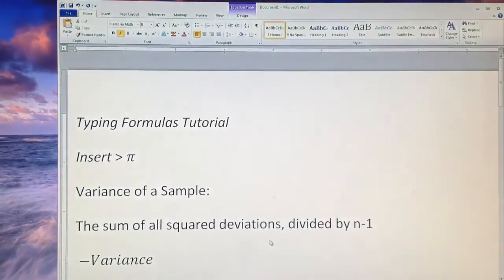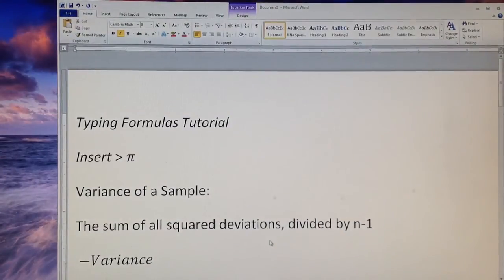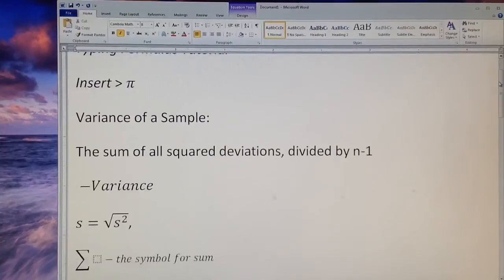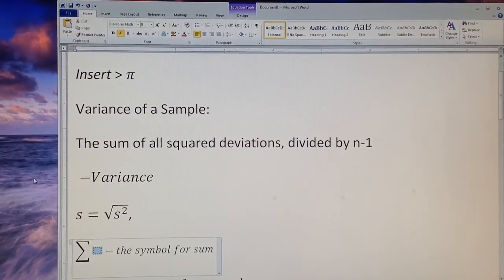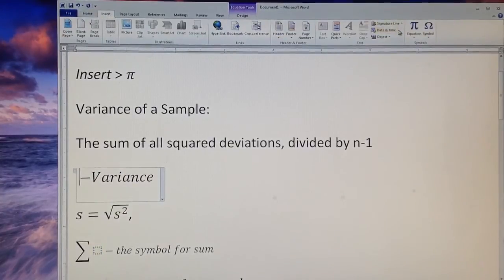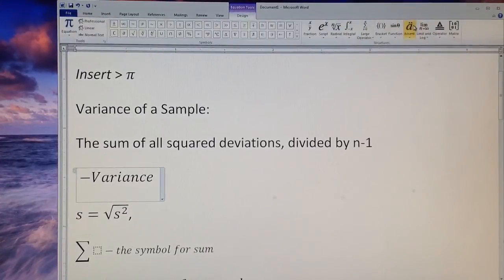So let's go and try to type a very simple formula of variance. First I will show you how to insert the formula of variance. You click on insert and then select this pi symbol, which is a toolbar, and under pi you have all tools for typing formulas.